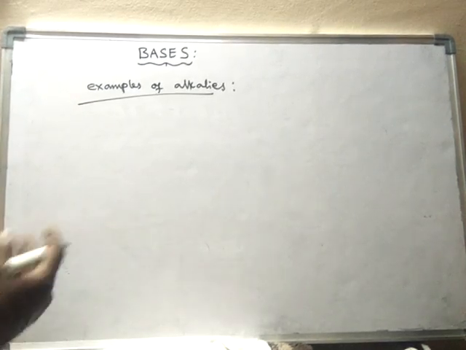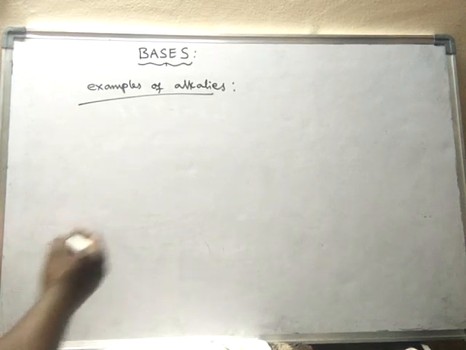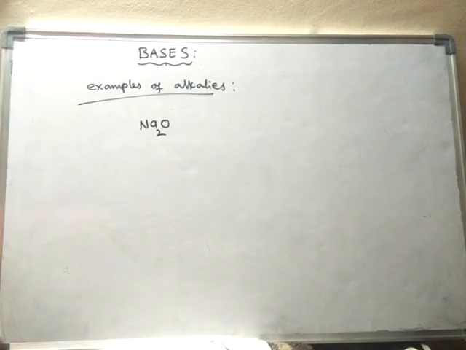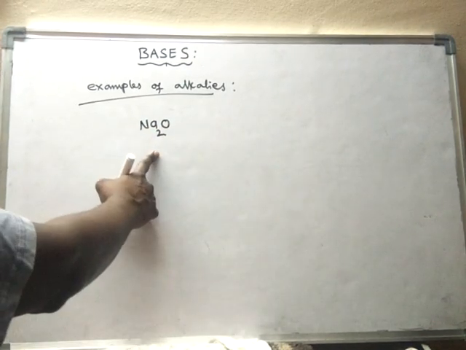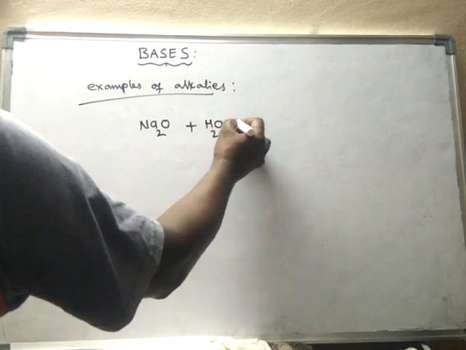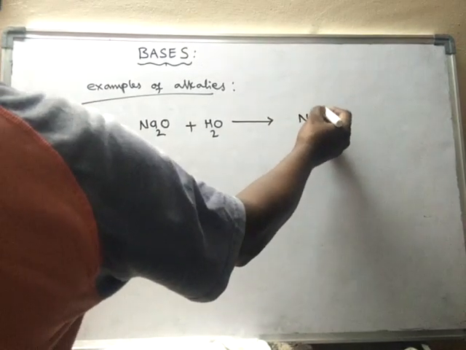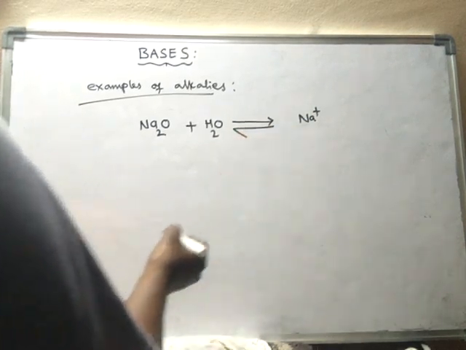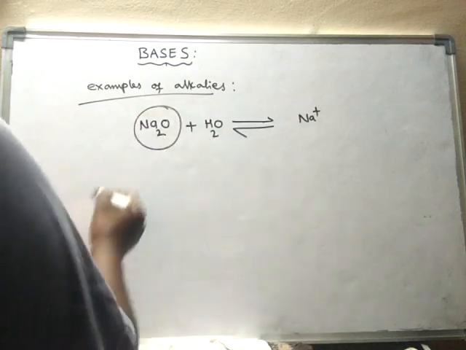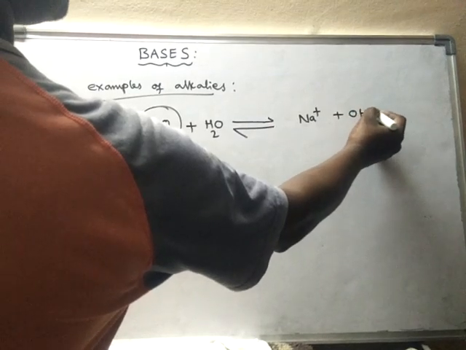We have seen first A group elements and their oxides and hydroxides. For example, sodium oxide, an oxide of a first A group element. When reacted with water, or dissolved in water, it breaks down into Na plus and OH minus ions.